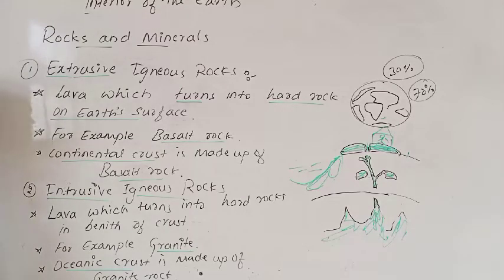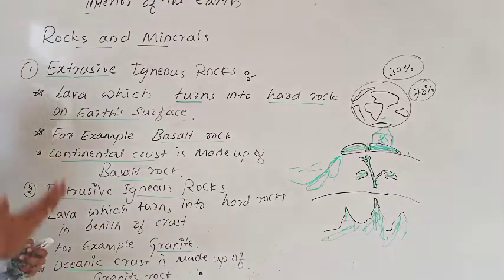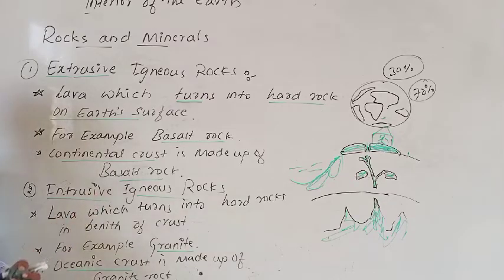There are three types of rocks, and among the three, igneous rock is one of them. In igneous rock we have two types. One is extrusive, the rock which forms on the Earth's surface after a volcano. Then intrusive rock, which is found inside the Earth, beneath the crust.